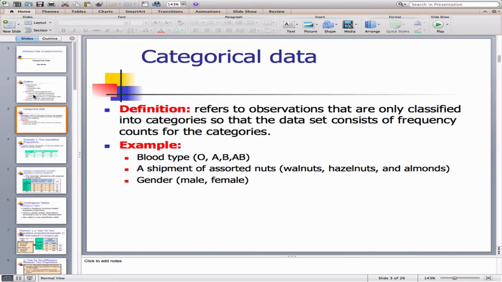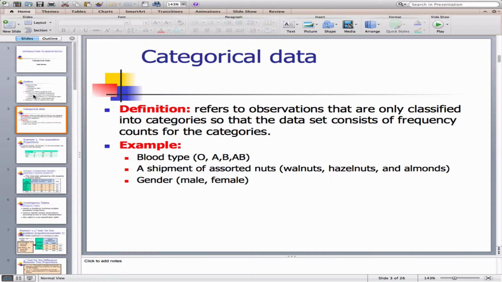Okay, so what is categorical data? Categorical data refers to observations that are only classified into categories, where the data set consists of frequency counts for each different category.